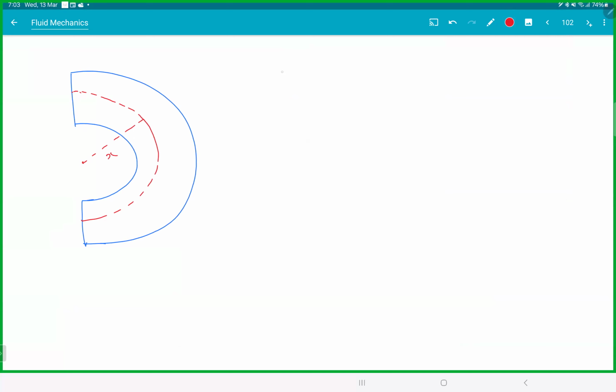The side view will look like this. How do I show this strip? Pray God. No one knows how to draw this.